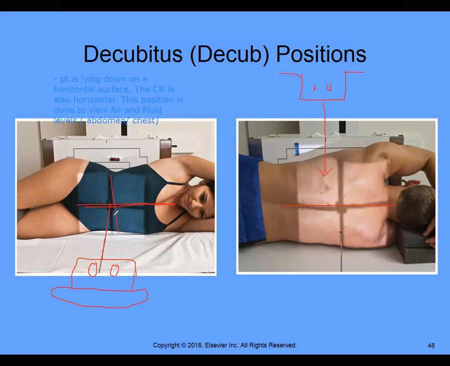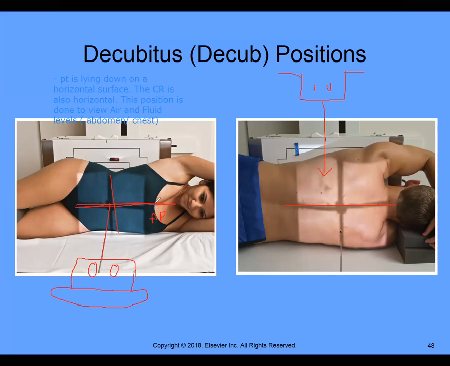Because the central ray is entering the anterior part, right? So we can say that this is anterior and exiting posteriorly. Remember, I told you that whenever we identify projection, even though my patient is at 90 degrees, I'm not shooting the X-ray from the top, I'm shooting a horizontal beam.